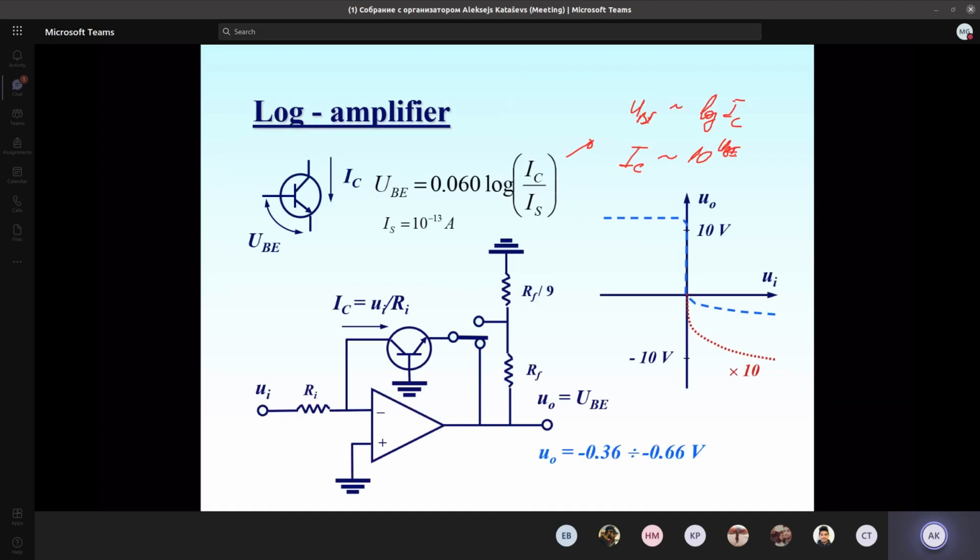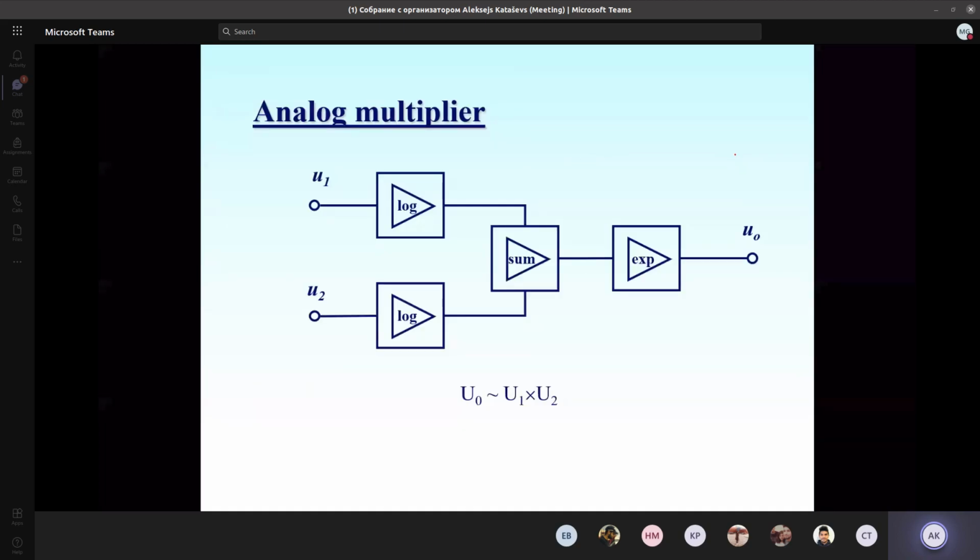Having both logarithmic and anti-logarithmic amplifiers, I may try to make the circuit which is named a multiplier. It is one of the very important circuits in data processing and signal processing. It's a circuit that may multiply two different signals. There are different ways to assemble such a circuit, and one of the most straightforward is to use the known relationship between the product and the logarithm of the product.